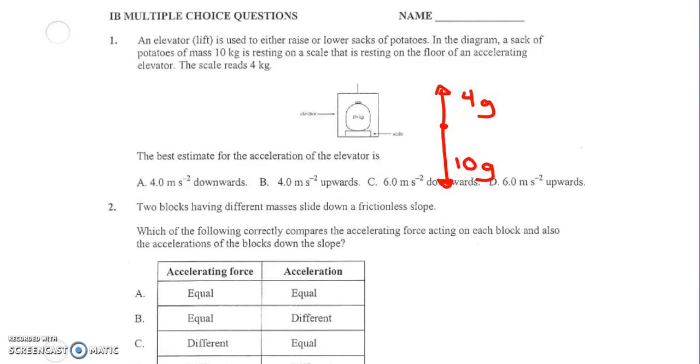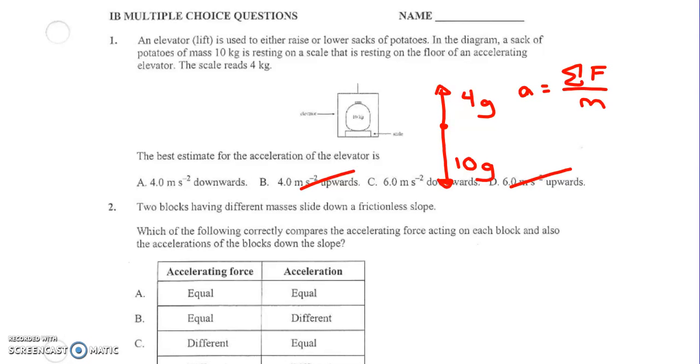So what I can do is, first of all, notice that the force of gravity is greater than the normal force in this case. So I know that it's accelerating downward. So I can get rid of the two that say upward. And my acceleration is the sum of the forces divided by the mass.